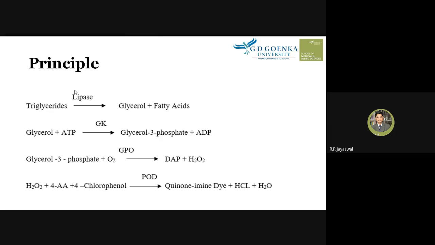So here we can understand that more triglycerides means more quinone imine dye complex formation. More triglycerides, more color formation, and more color means we can measure the intensity of the color with the help of a colorimeter. So the color is directly proportional to the absorbance, and absorbance is directly proportional to the concentration. Okay. This is what we have.